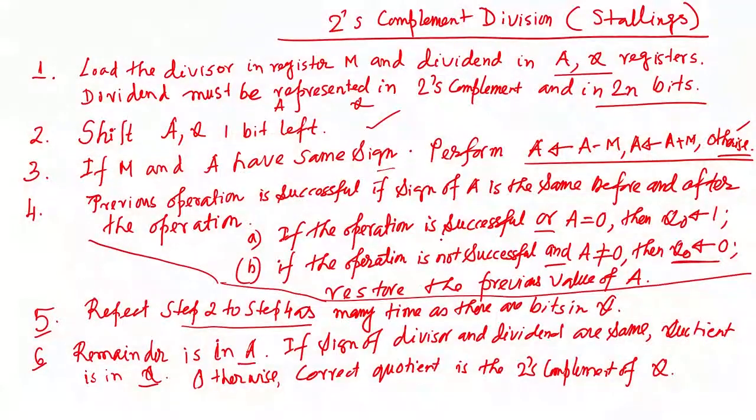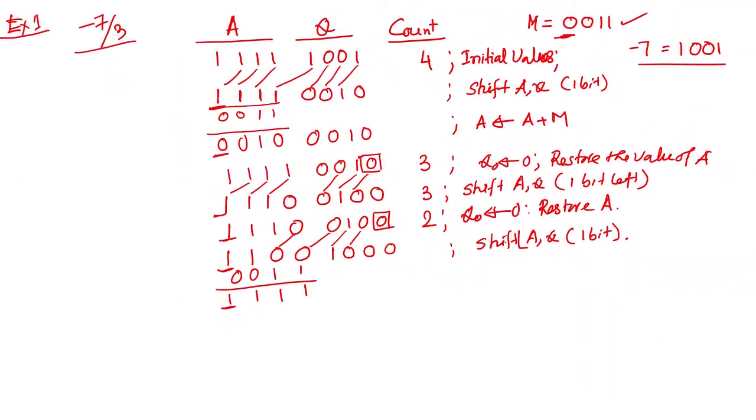Then we have to set Q0 equal to 1. So, this should be 1, okay, and we decrement the counter. So, here Q0 is 1, no need to restore.